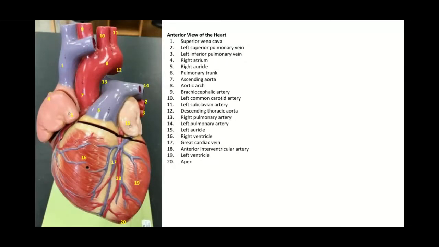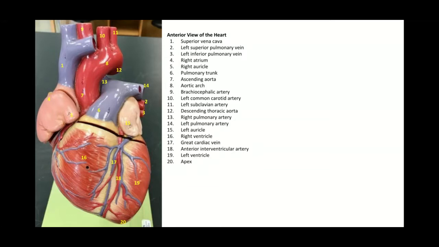You can say descending aorta or descending thoracic aorta because it's located in the thoracic cavity. Then this thoracic aorta perforates the diaphragm, comes to the abdominal cavity, and in the abdomen we call it the abdominal aorta. This aorta makes many branches in our abdomen to nourish all the organs which we have there.